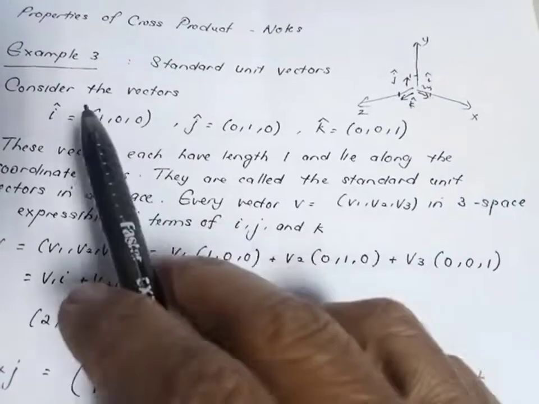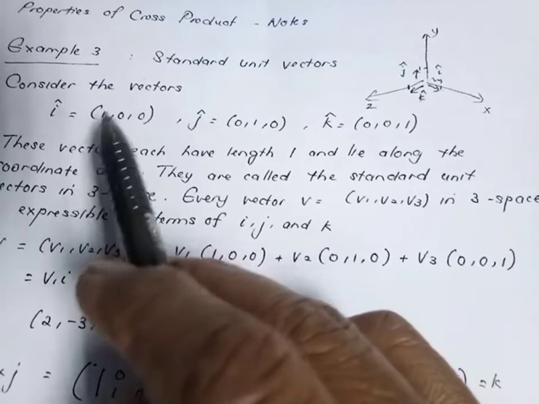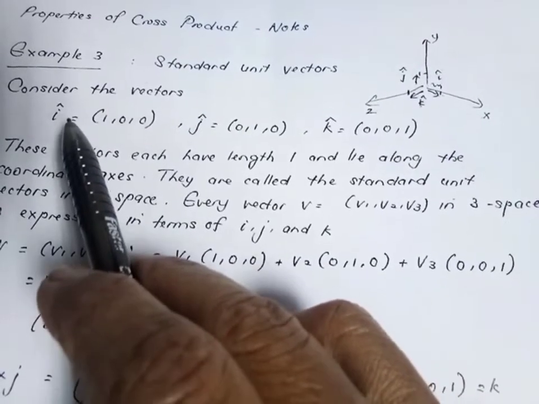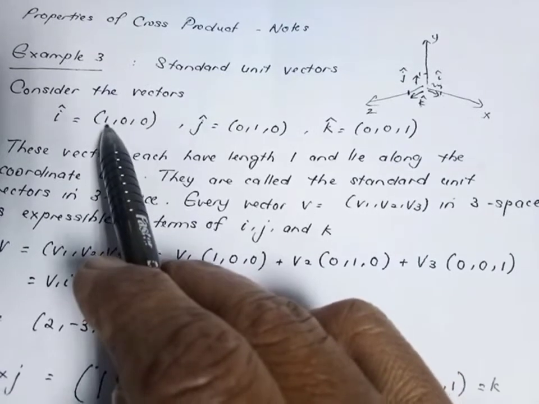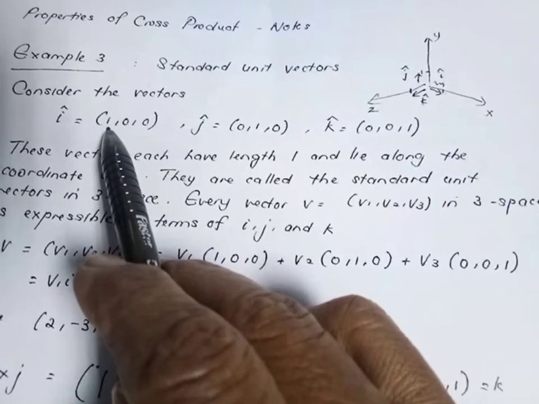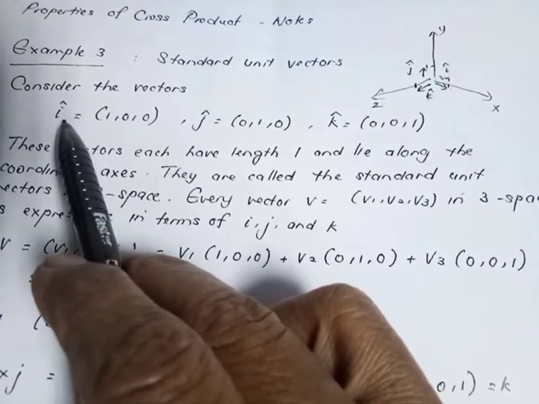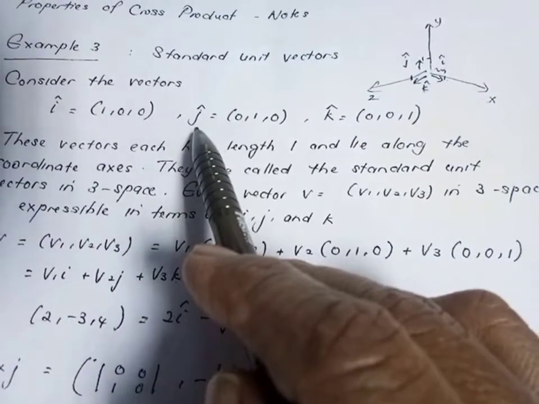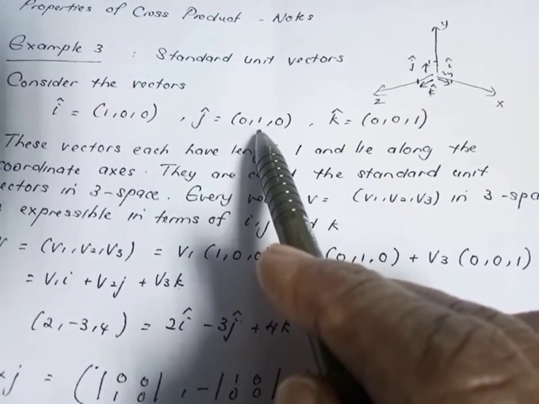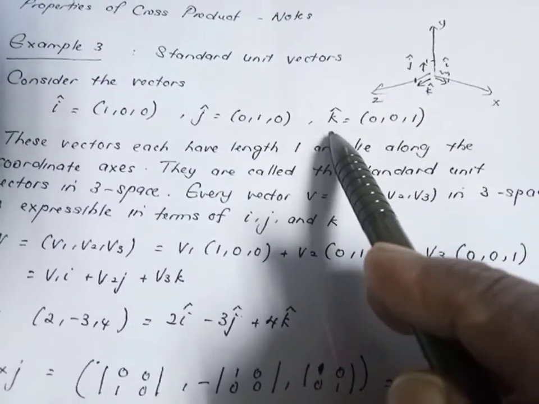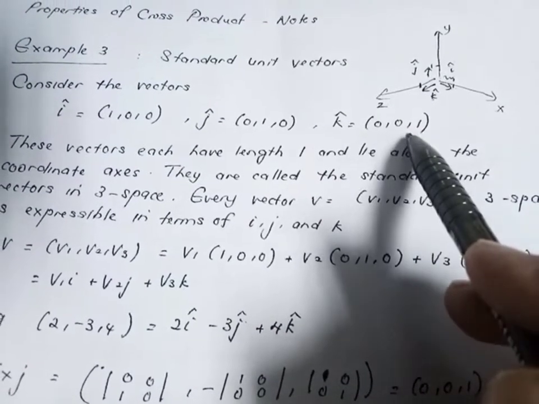Okay, so the component of unit vector i is given by 1, 0, 0, where 1 is the magnitude, 1 unit in the direction of i. j is given by 0, 1, 0, where the second component is 1 unit, and k is given by 0, 0, 1.